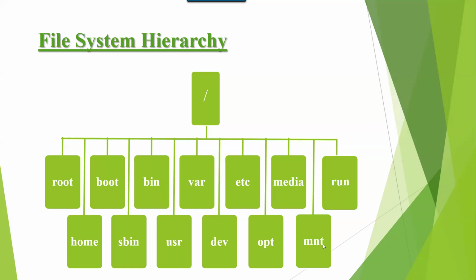MNT contains which partition is linked with which directory. Run contains external devices information and kernel information from RHEL 7. Up to RHEL 6, boot contains kernel and media contains external devices information. From RHEL 7, run contains kernel and external devices information.